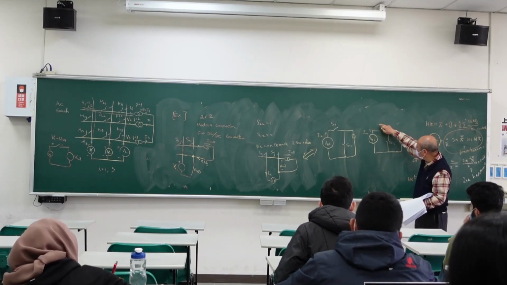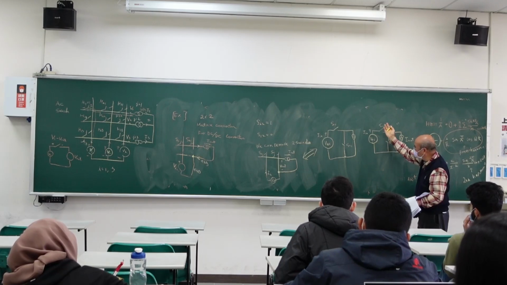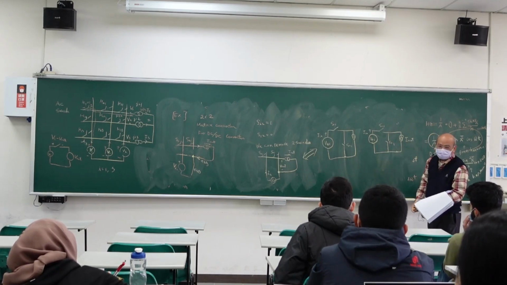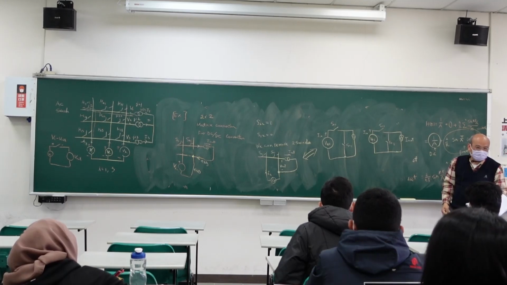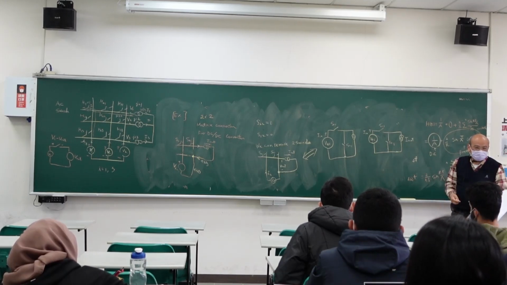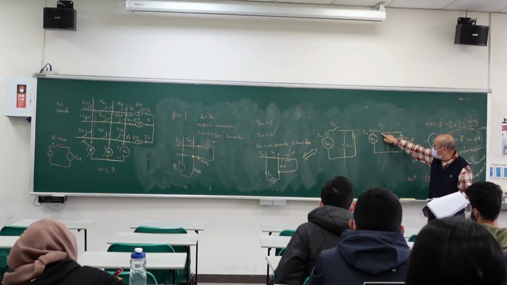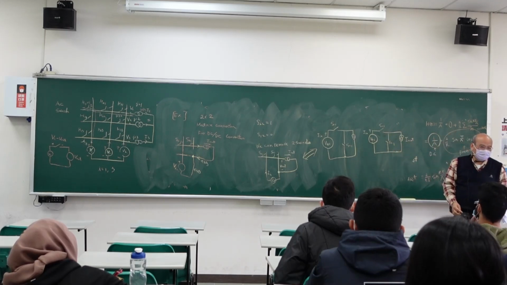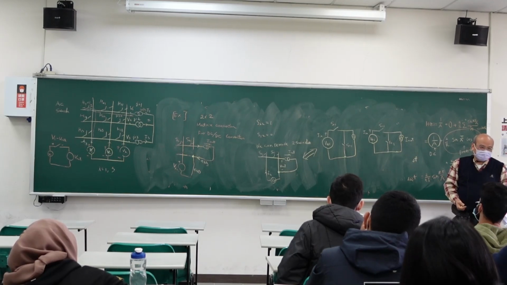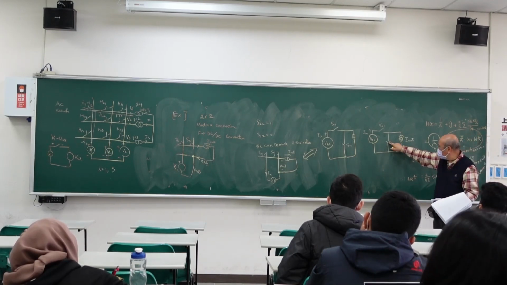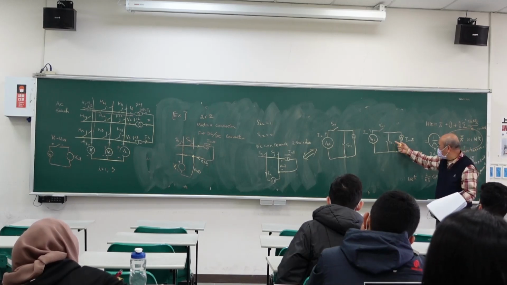For this switch, it could be turned on, it could be turned off, right? So can you choose a diode? Can you choose a diode to replace S11? Is it a good idea to choose a diode? Here, can we choose a MOSFET?